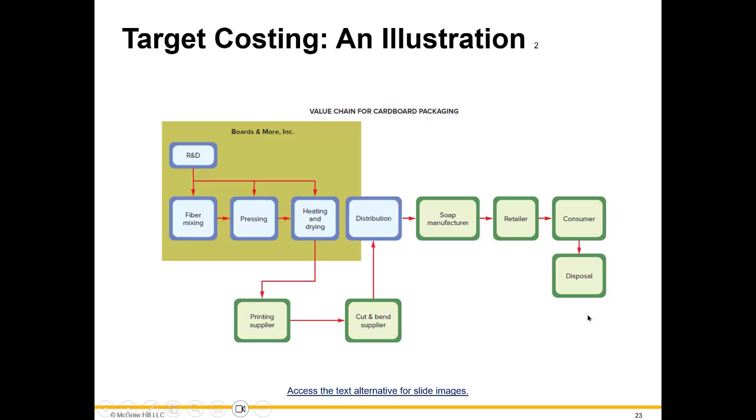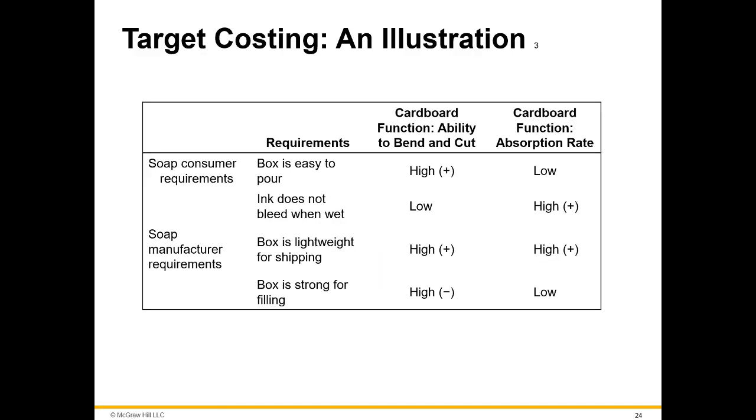So we can see that. And as we're looking at various components, we can see here are the soap consumer requirements as well as the soap manufacturer requirements. And so we can see various characteristics of these. So we can see these requirements here. Box has to be easy to pour, ink does not bleed when wet, box is lightweight for shipping, and box is strong for filling.